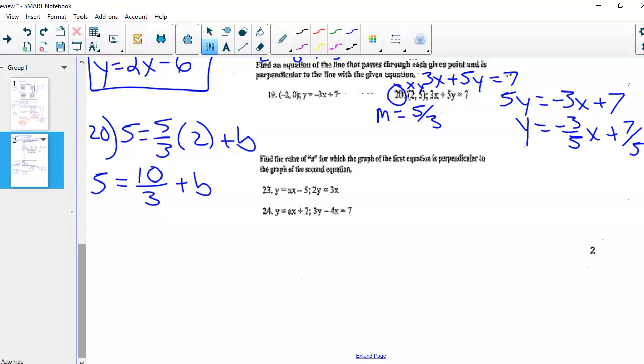Now, how would we solve this for b? Subtract what? Subtracting 10 over 3 from both sides. So you guys can do that in your calculator. I'm going to do that by hand.